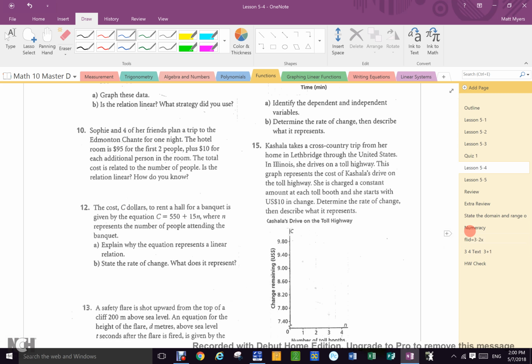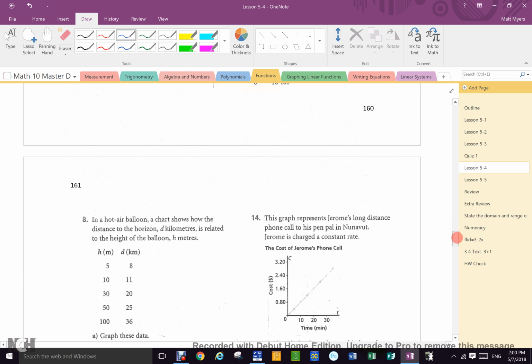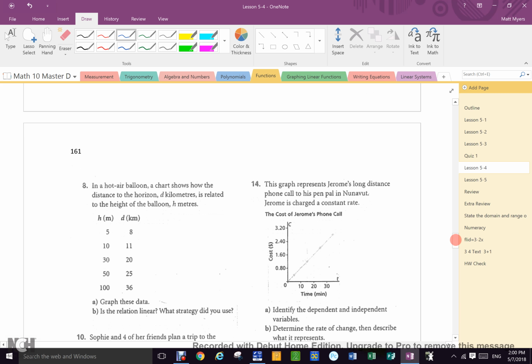If you can't read the photocopying, don't do the question. Or ask. I can't read any of this. Is everybody good? Okay? Go. And you've got 28 minutes.